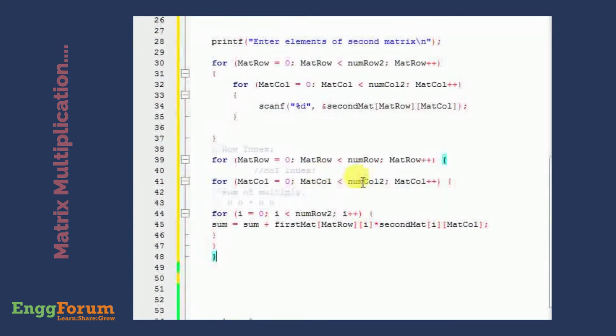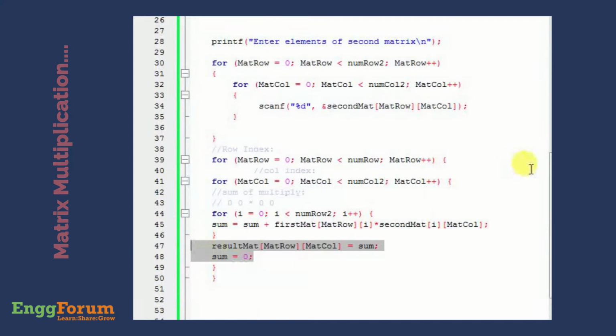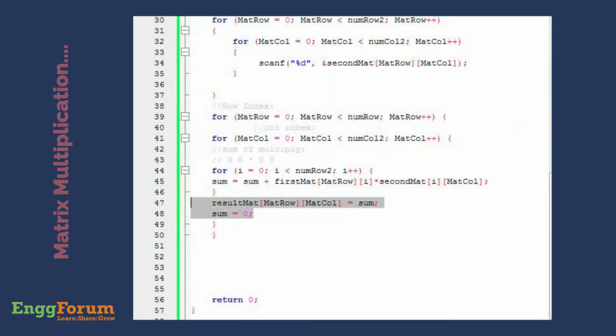Our program will now multiply elements of each row of the first matrix by the elements of each column in the second matrix and add their products. Each added result will be stored in another matrix. We have array result mat to save the result.